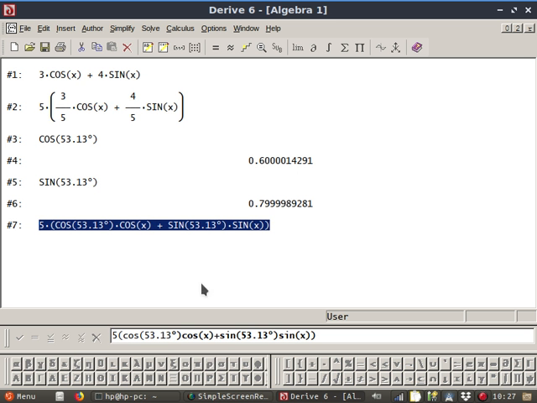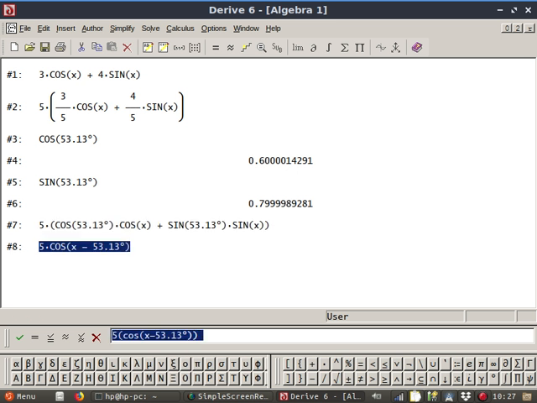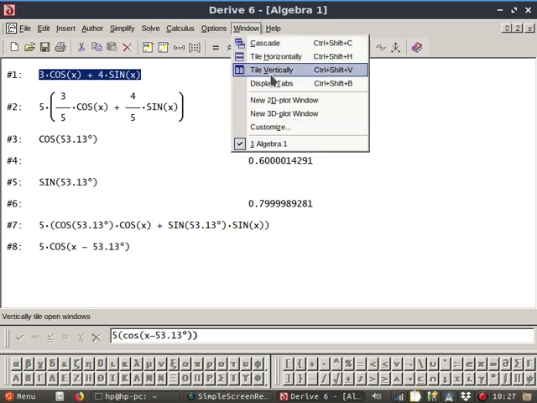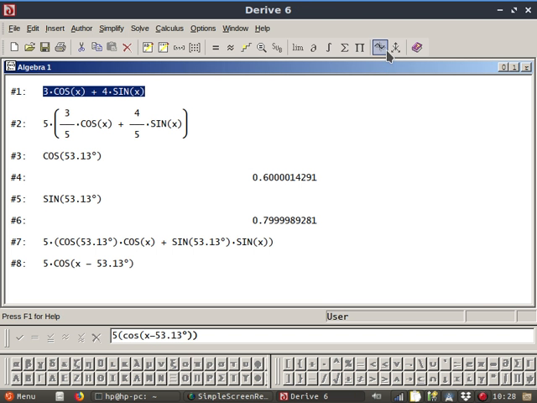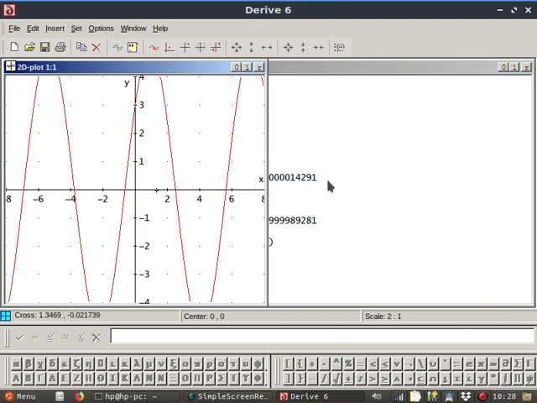Okay? But what does this equal? 5 cos of x minus 53.13. So I'm saying that this is the same as this. Now watch, I can show you. If I draw this, there it is.